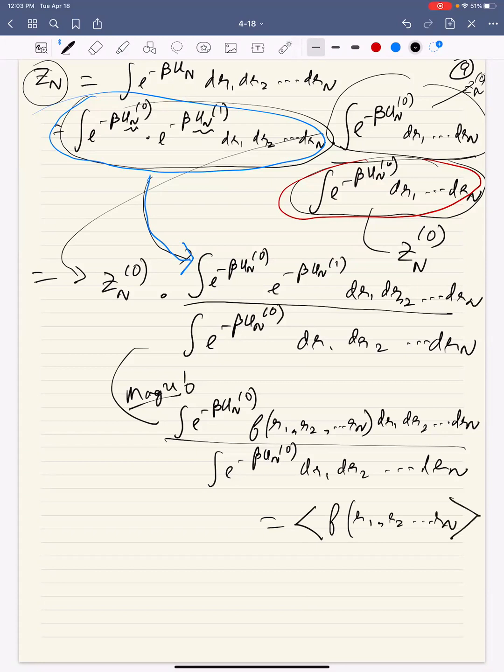But we have to be careful that this average has been calculated in the reference potential, right? The potential energy that you used over here corresponds to the reference potential energy.